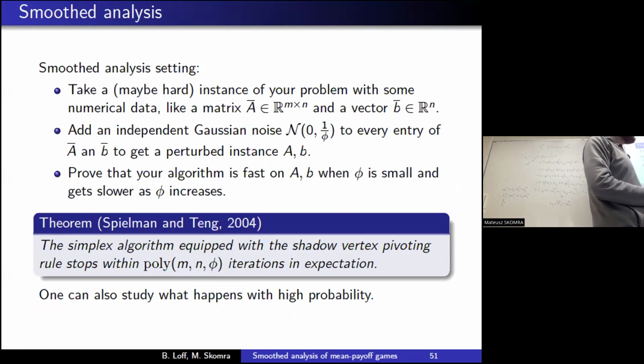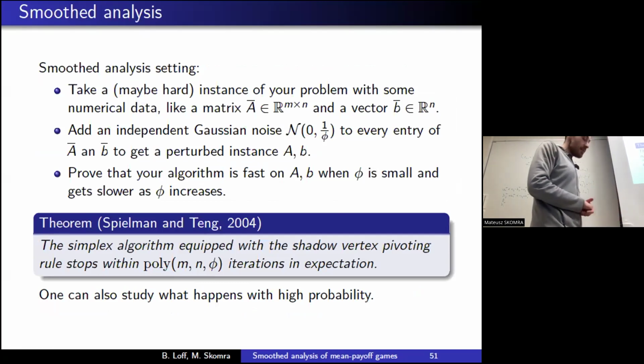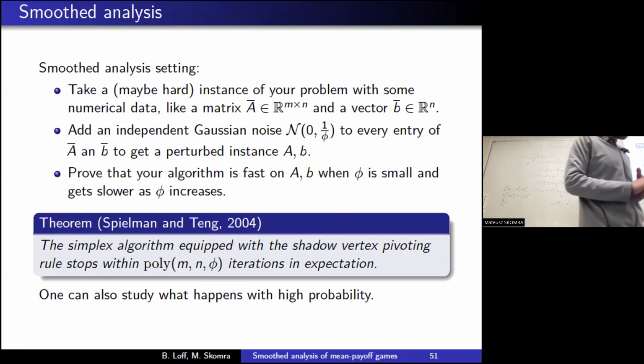So here is the setting of the smooth analysis. Let us fix an instance of your problem that is maybe hard. For instance, for linear programming, you would fix a matrix and a vector. In our case, we will fix the weights. So you have some numerical data of your problem that is fixed, and it may be hard.